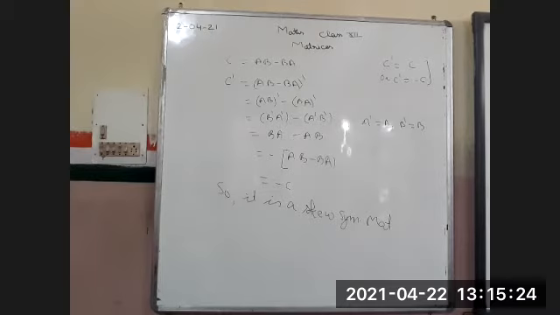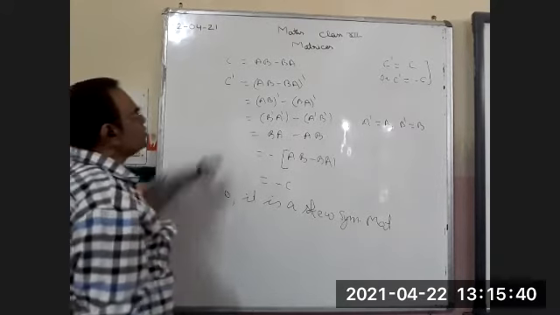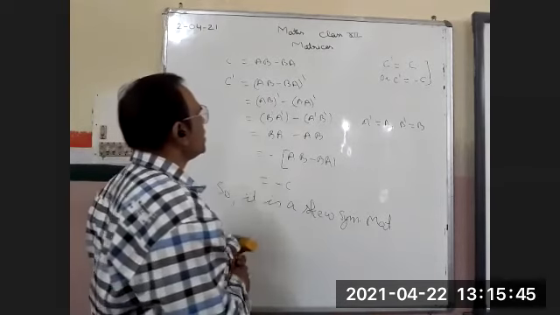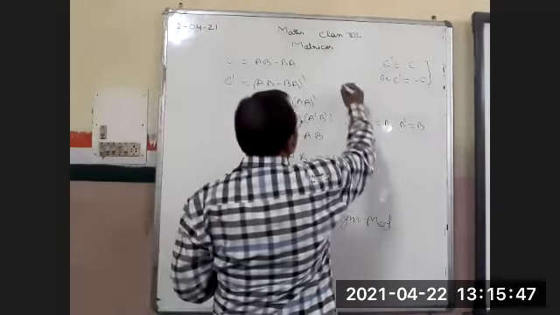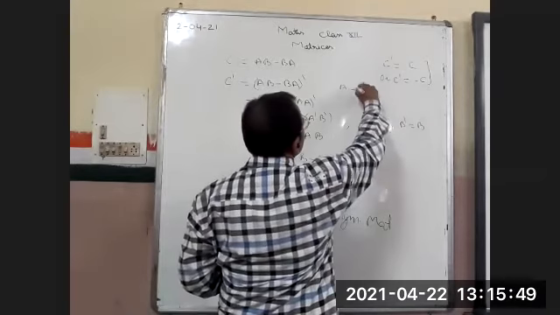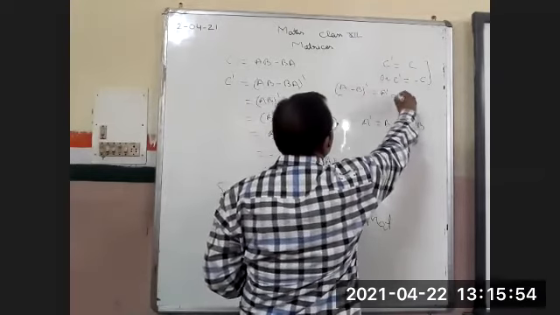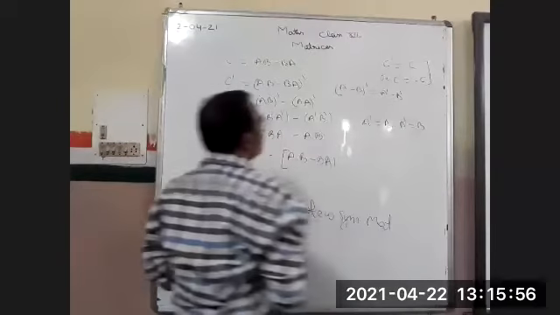ठीक है. In the same way, the 12th: A plus A dash is equal to I, find the value of alpha. Okay, now we solve the next part, that is question number 12. ठीक है. इसमें we have used the property of A minus B. Transpose of A minus B is equal to transpose of A minus transpose of B. ठीक है.